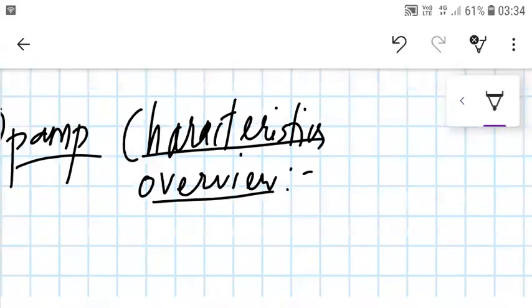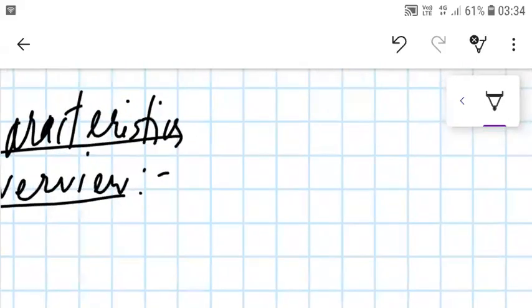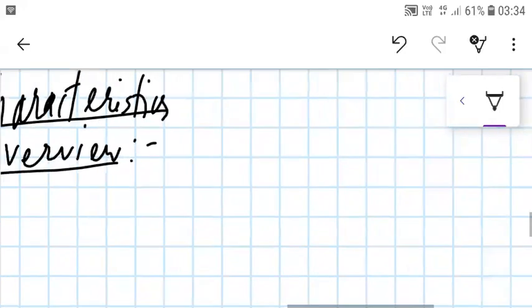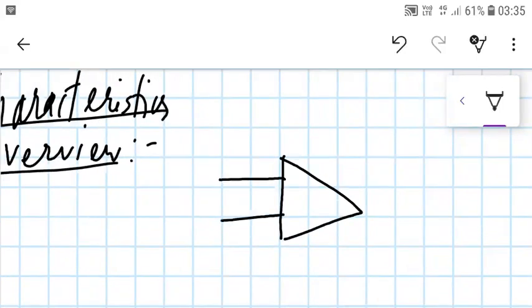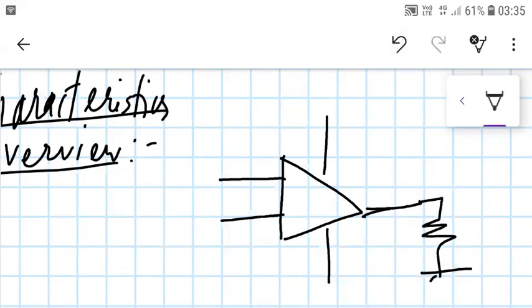So basically, we have seen how an Opamp looks by now. It has two input terminals, two power ports and one output terminal. And if I connect a resistive load over here, I can measure the output with respect to the load.